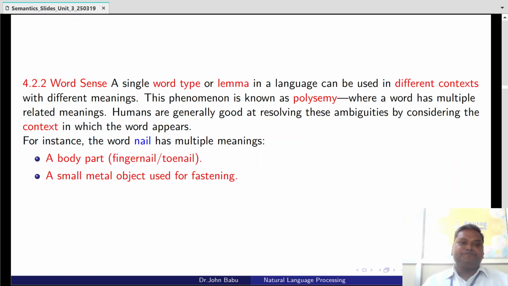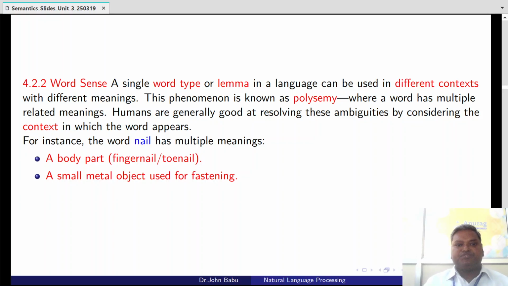Number two, we have words giving different meanings in different contexts. We know that there are two types of ambiguities here. One phenomenon is known as polysemy, where words with the same spelling and same pronunciation represent different meanings in different contexts, but at the same time, those meanings are related to each other.